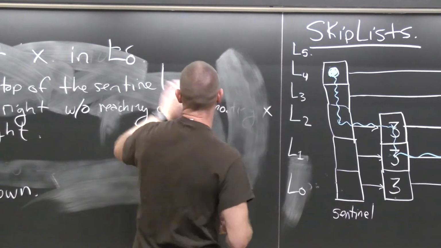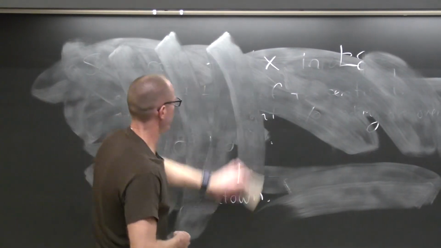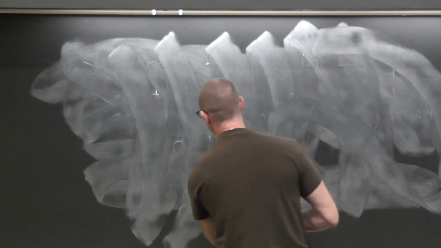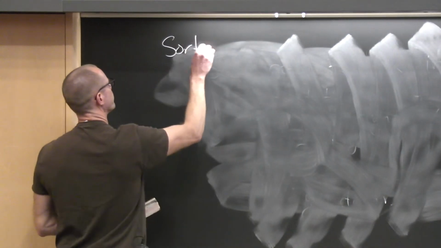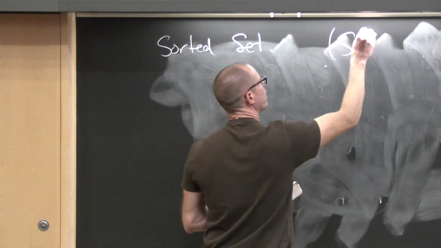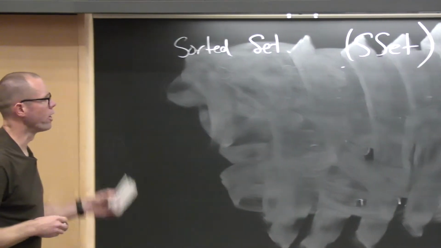All right. So if you want to implement a sorted set, in the book, this is called the S-set interface. In Java, it's called sorted set.